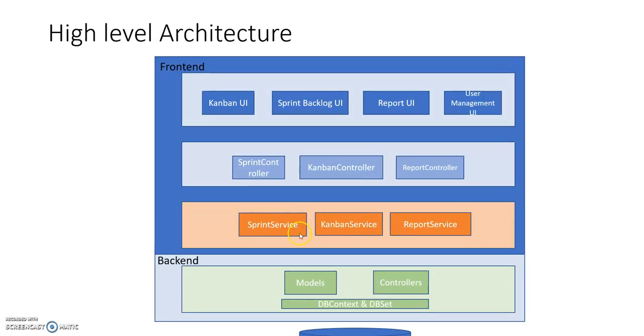Going back to the front end, it has these services: sprint service, Kanban service, and report service. These services talk directly to the backend and provide the data to the controllers. Actually, the controllers are called components, and these components provide all the information to the UI, and HTML5 and JavaScript are used to present it in the browser.